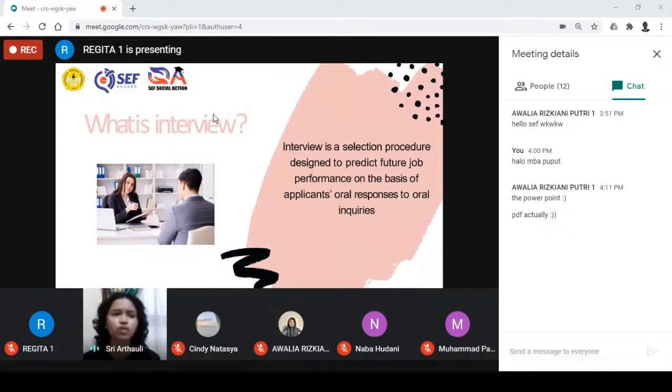When you are applying for a job, an internship, or a volunteer position, you will be interviewed at the second selection, because at the first selection usually you have to register yourself first. You have to fill in your name, or maybe submit some files needed by the company. For example, you have to submit your CV, maybe your essay, your resume, your portfolio, and so on.